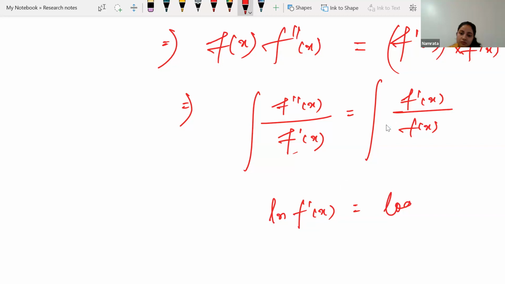Here also we'll be having a logarithm, and then the constant of integration we have to take.